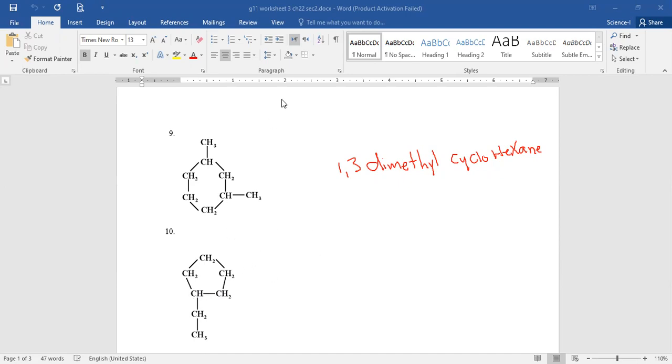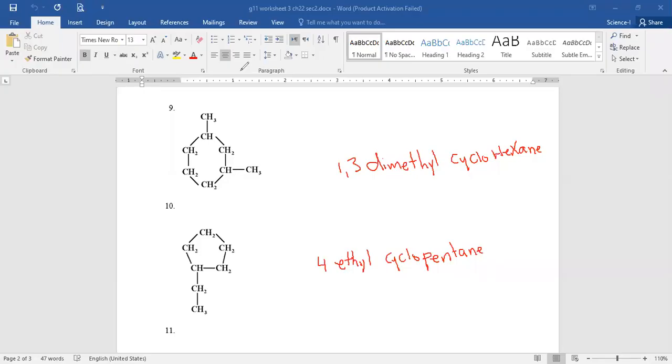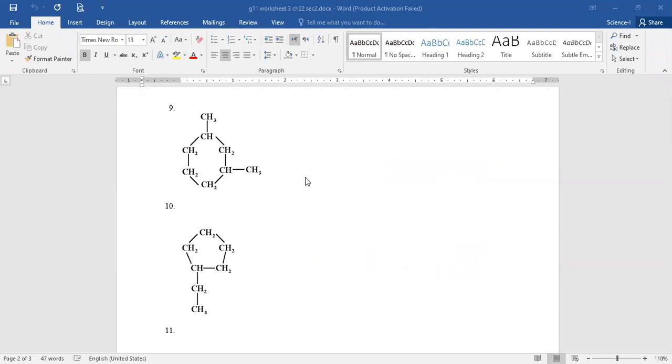So we can say it's 4-ethylcyclopentane. Like this, guys. Then we are going to pass to question number 11.